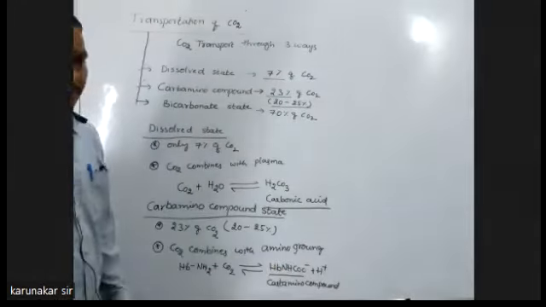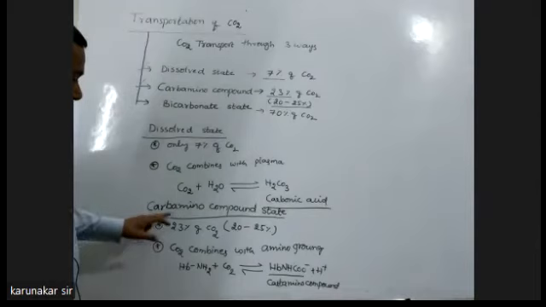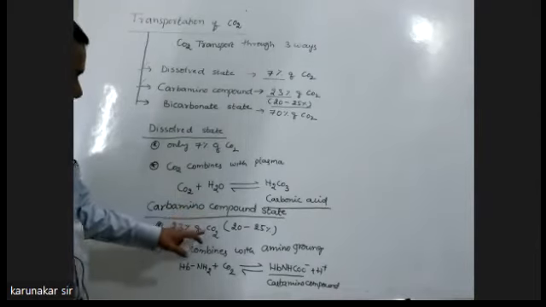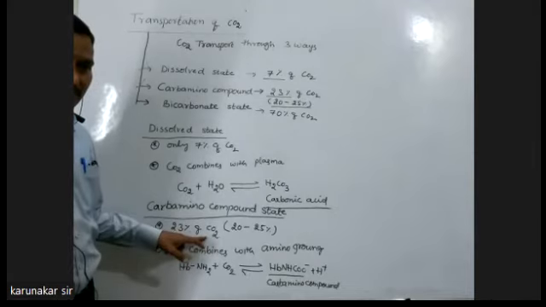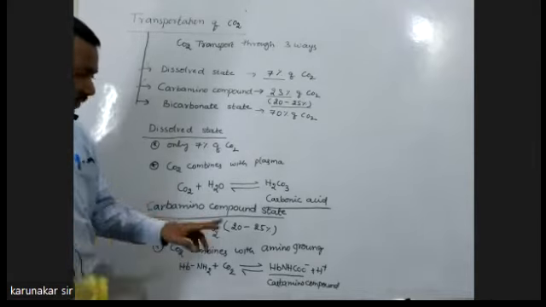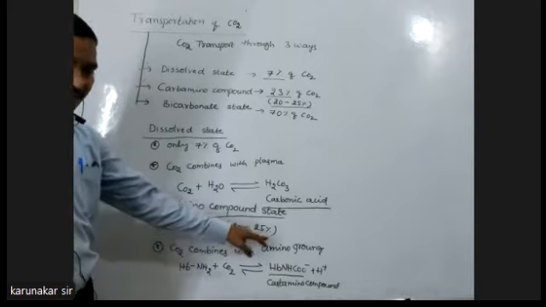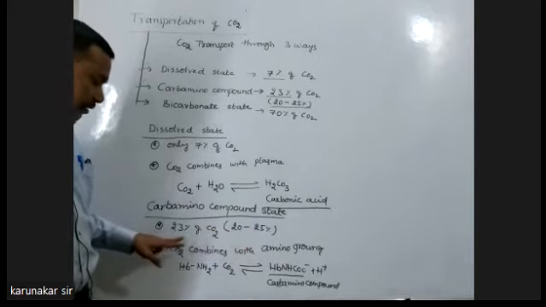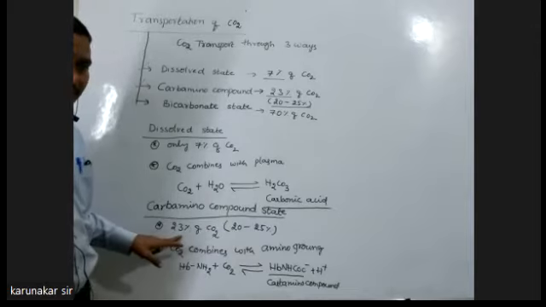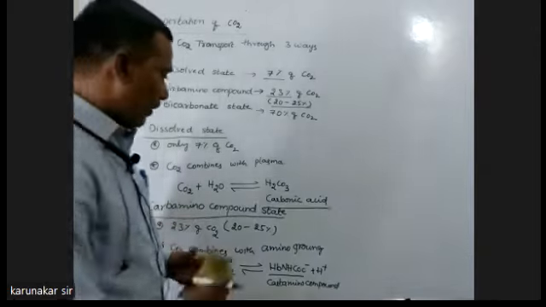In the carbamino compound state, 23% of carbon dioxide is transported through this method. On average it is 20 to 25%. In our textbook, 20 to 25% is present, but actually it is 23. You have to remember that.